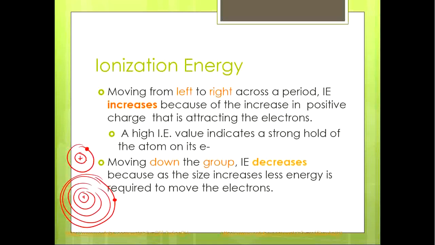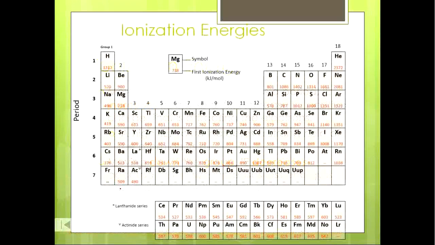So if you take a look at this picture, the attraction between the nucleus and its valence electron, if it's only about 2 levels away, is going to have a strong hold on that electron. And so it's going to take a lot of energy to strip that electron away from this atom. As opposed to this picture, where this attraction is weaker because the electron is further away from the nucleus. So it's not going to take that much energy to strip that electron away.